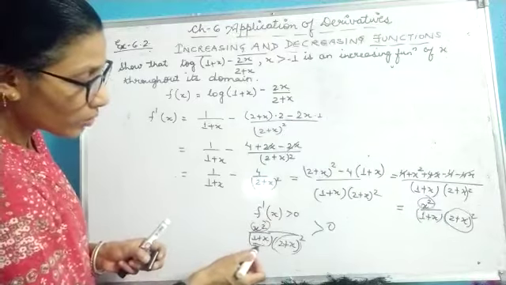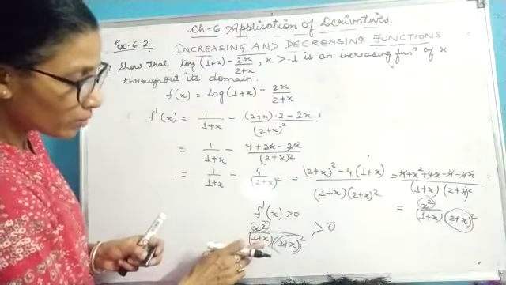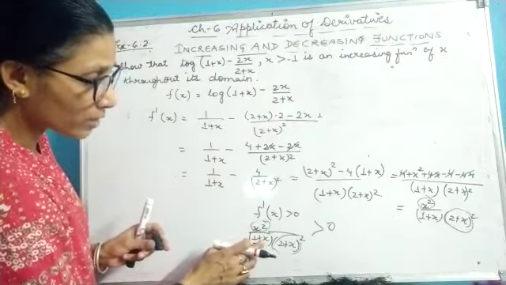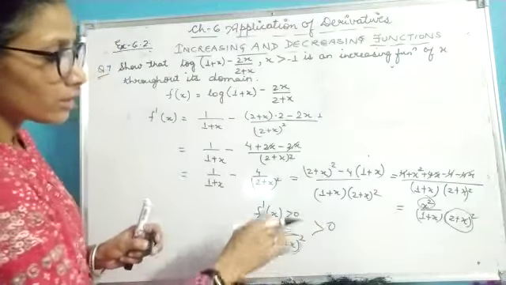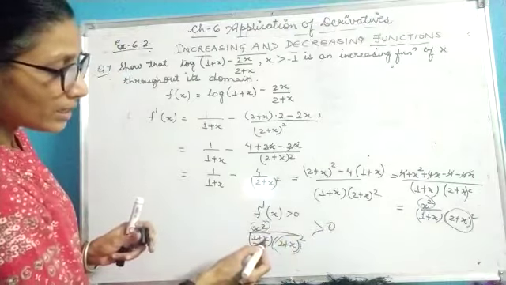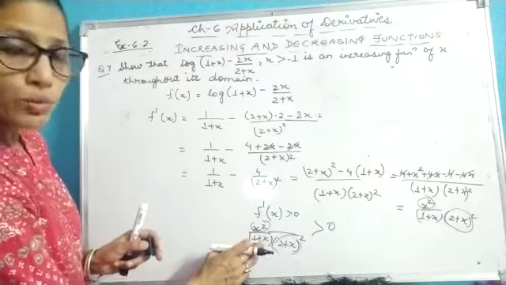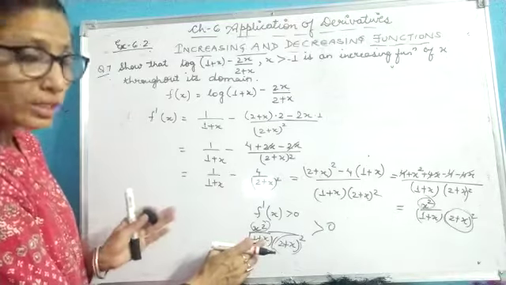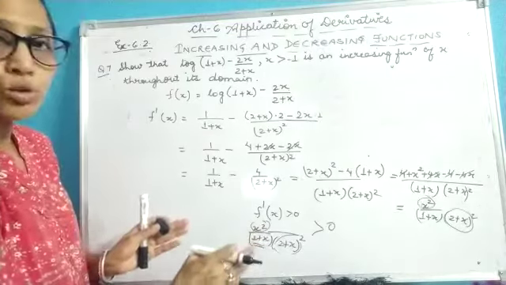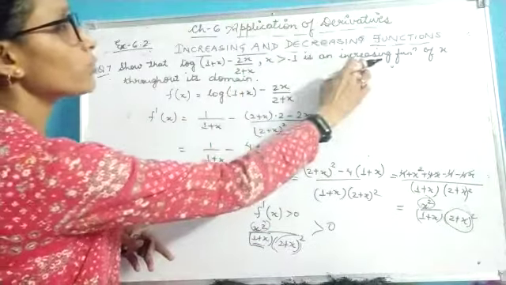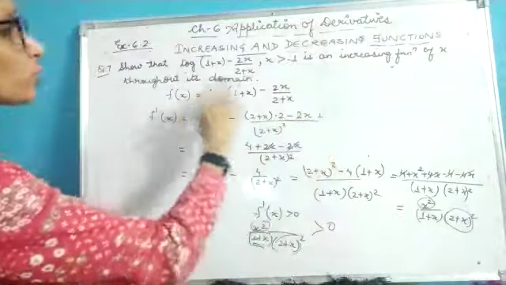But what about this? I need to find out for what values of x this should be greater than 0. So if I take, say, x less than minus 1, that means minus 2, minus 3, then this term will come out to be a negative term, which I have to avoid because I need to find out that it is an increasing function of x throughout its domain.